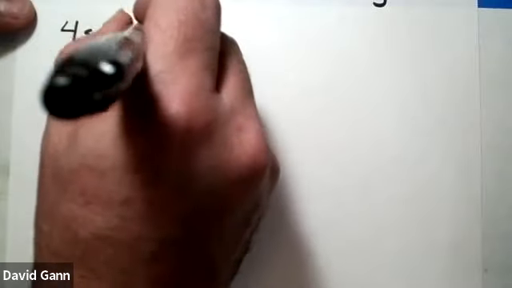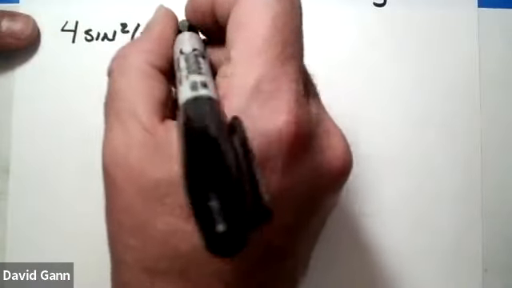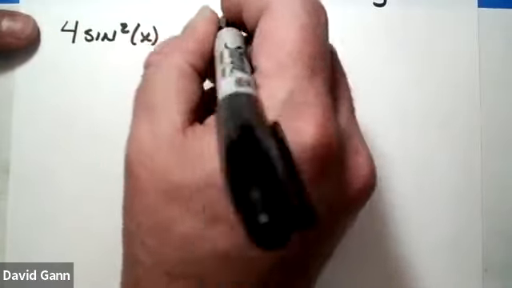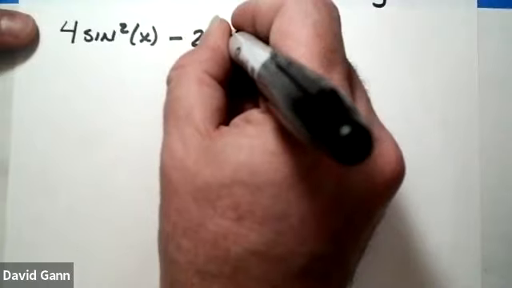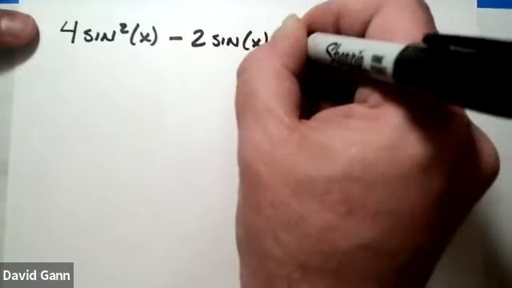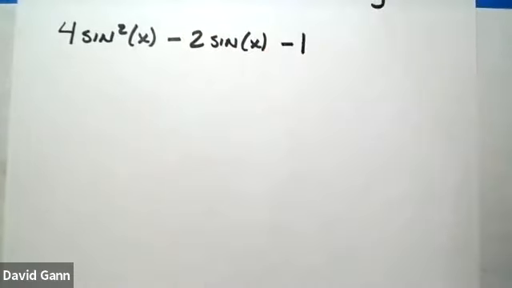So let me do one: 4 sine squared of x minus 2 sine of x minus 1. I'm pretty sure that one will have 2 real solutions.